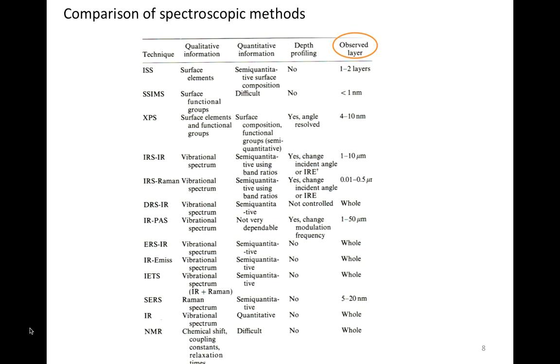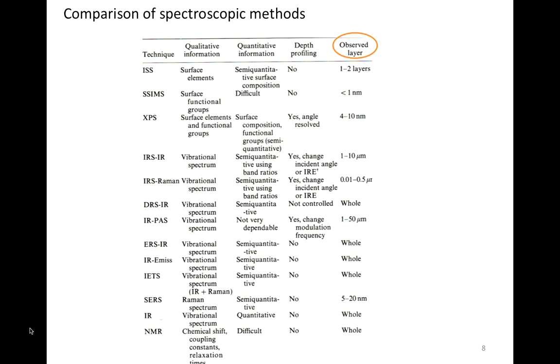This is not giving you depth profiling, so you cannot go within the material. And so therefore it's a real surface sensitive technique. And then the static secondary ion mass spectroscopy gives you information on surface functional groups, and we will go into more detail in the next slides later.